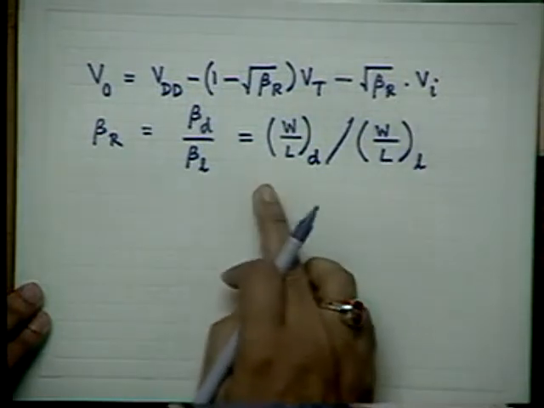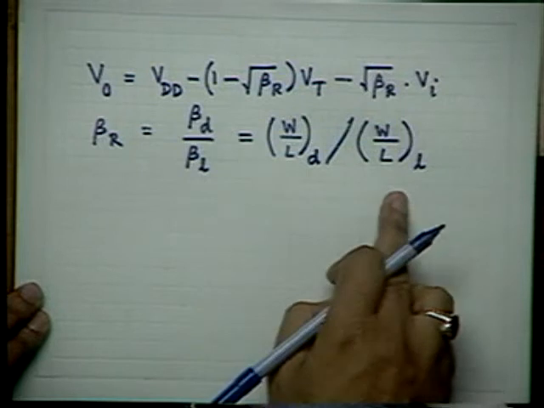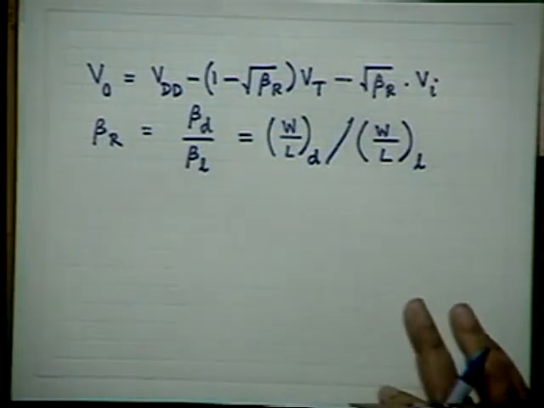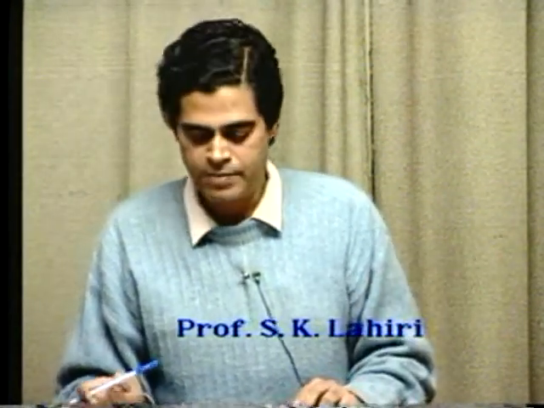I'm sure you have understood why beta D by beta L is equal to this, because we have used the same gate oxide for making the two transistors, so the other parameters remain the same. It is the geometrical parameter which is important, and beta ratio is nothing but the ratio of the W by L values of the driver to the load.